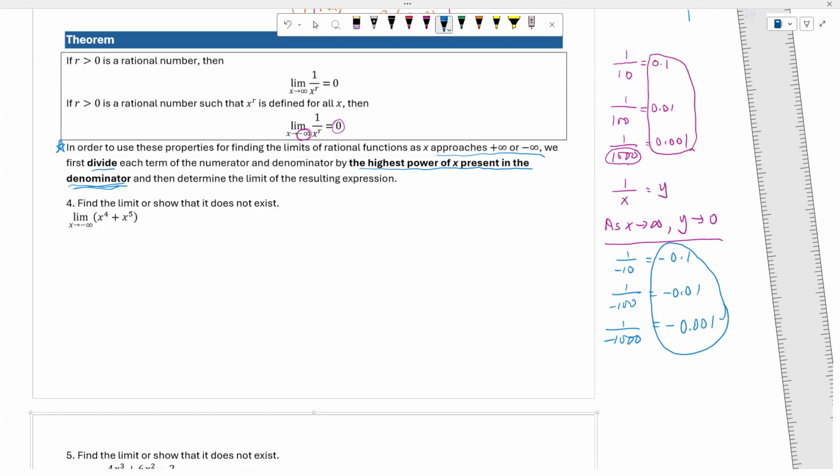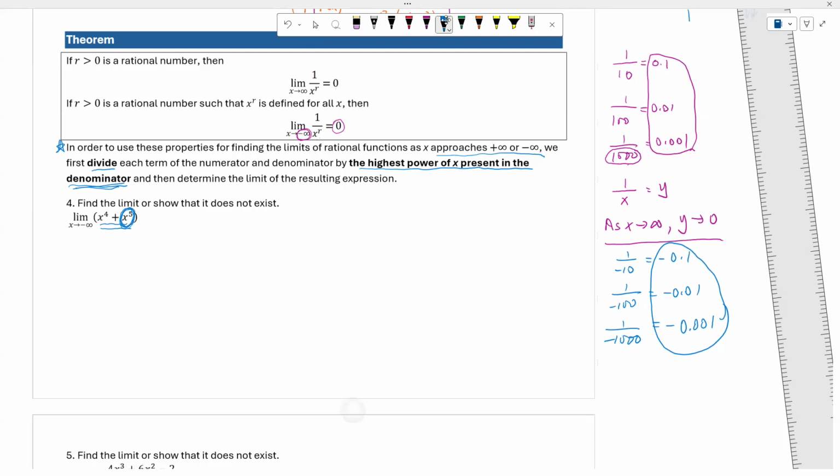Now let us look at our first example. When we look at this function, x to the power 4 plus x to the power 5, before calculus you probably know that when we have a polynomial function, we look at the term that contains the highest power.